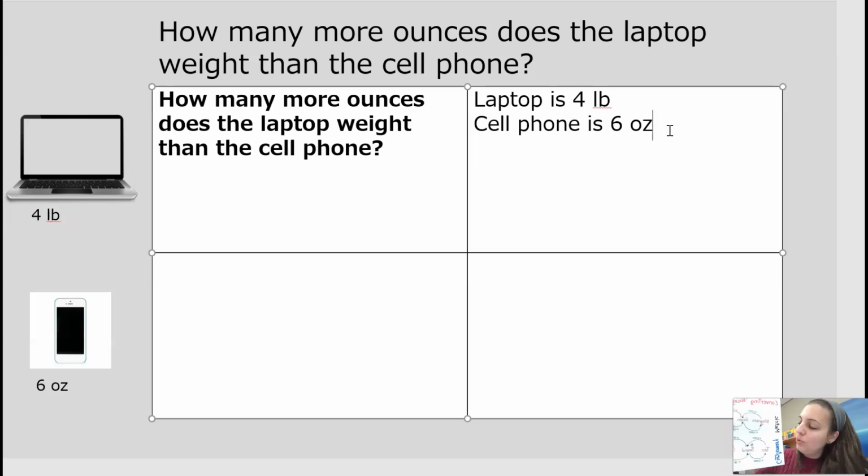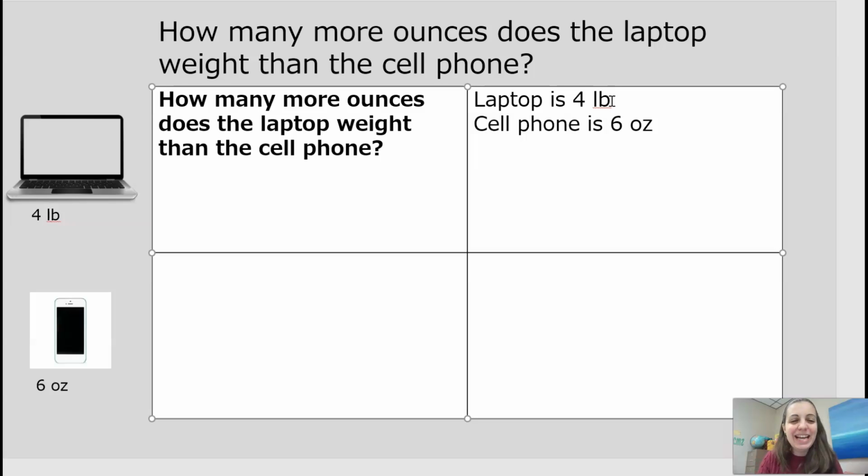It's better to convert pounds into ounces. Okay? So we have whole numbers. So I'm going to convert 4 pounds. Remember, LB are the letters for pounds. It's the abbreviation for pounds. I know it's confusing, but it's like that.